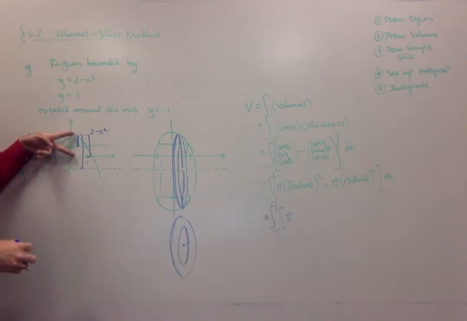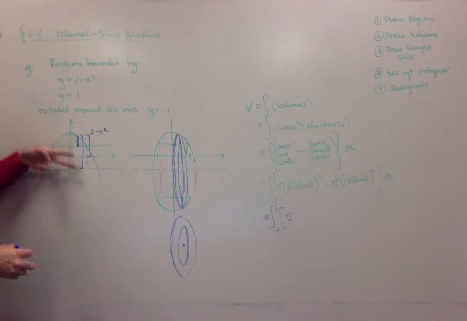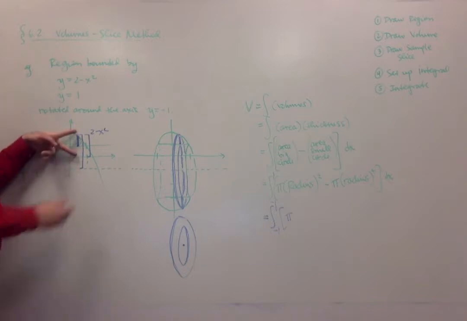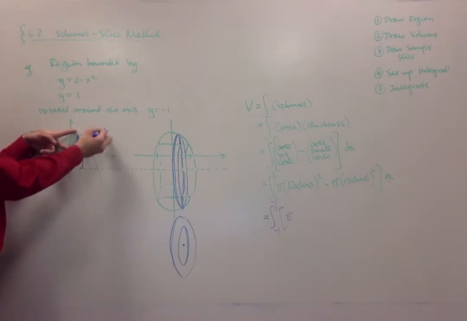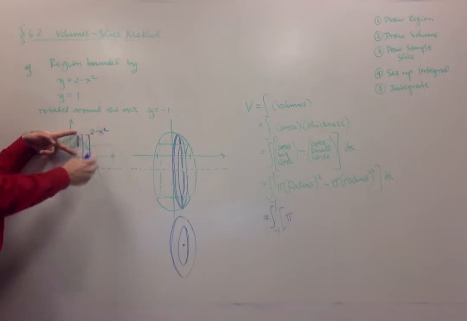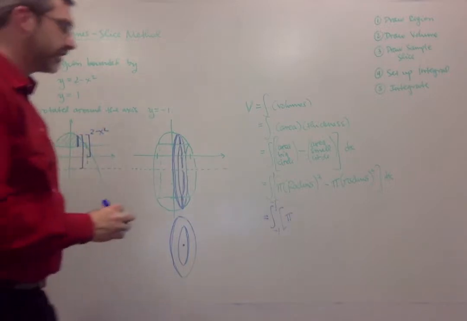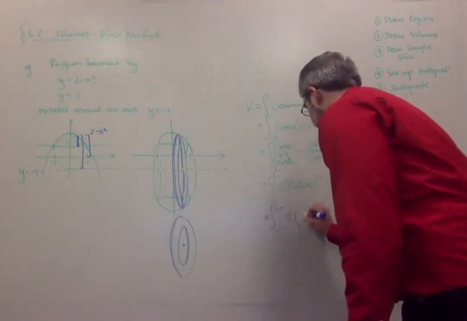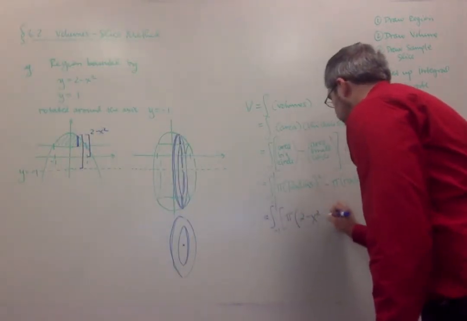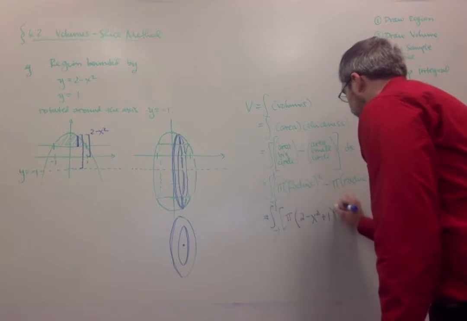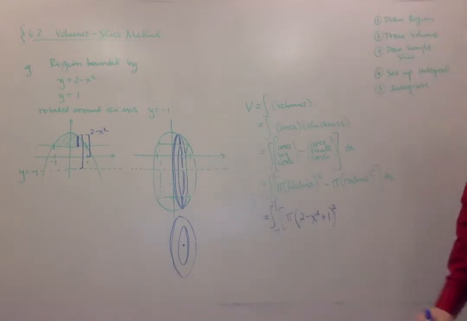But that's not the radius. The radius is that function plus another 1 unit, right? Because if the axis were the x-axis, then the function would actually be the radius. But since the axis is down here, another 1 unit, we have to add on another 1. So the big radius is the top function, 2 minus x squared, with another 1 added on.